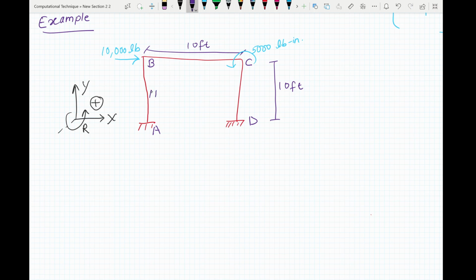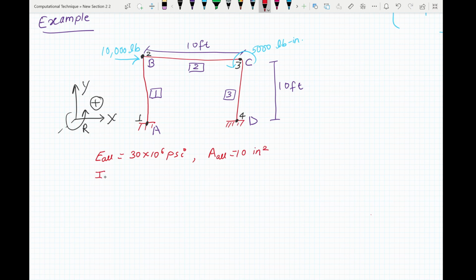Let's name the elements. So we'll have a node here, a node here, a node here, and here. Now let E for all the elements equal 30 times 10 to the power 6 psi, and area for all of them be 10 inch square.